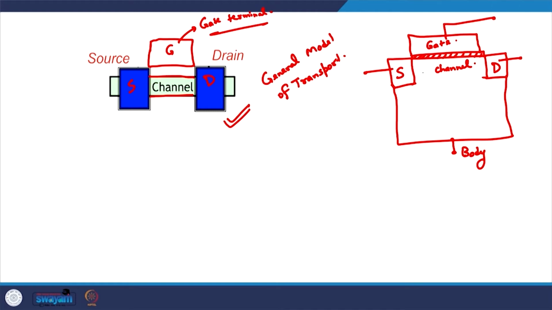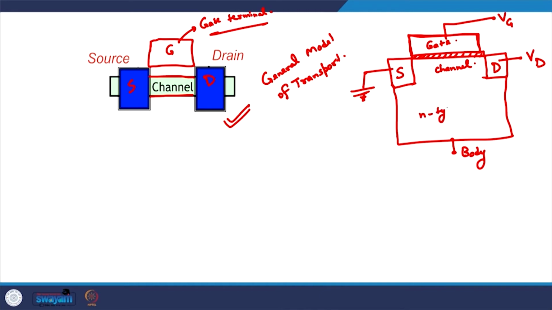In addition to the source and drain terminals, there is a generally very thin layer of insulating material, and on top of that insulating material there is this third terminal where we can apply the gate voltage. Generally the source terminal is grounded most of the time, and we apply voltages either on the drain terminal or on the gate terminal.